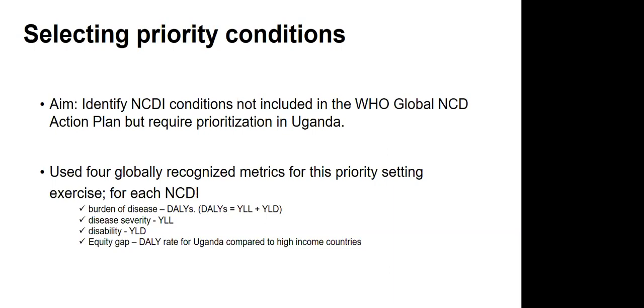And the equity gap was obtained by comparing the DALY rate for Uganda for each condition per 100,000 population with that of 100,000 population of high income countries. That's how they came up with the equity gap. So when we looked at those four metrics, we needed to understand which of these NCDI conditions, if we are to prioritize, actually have the highest scores according to those four metrics.